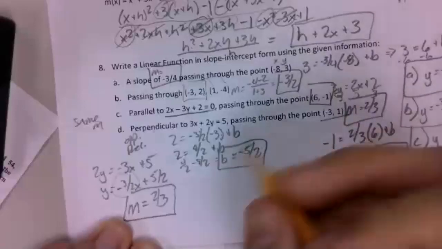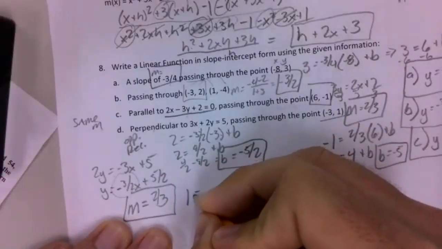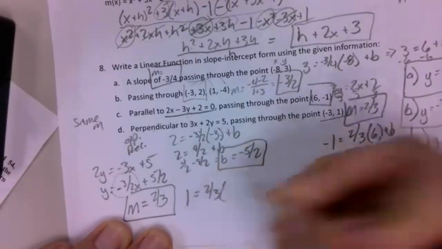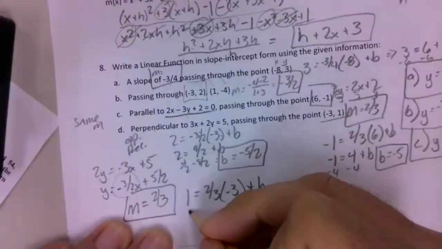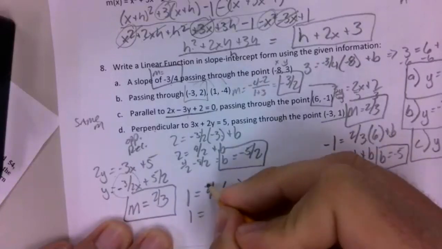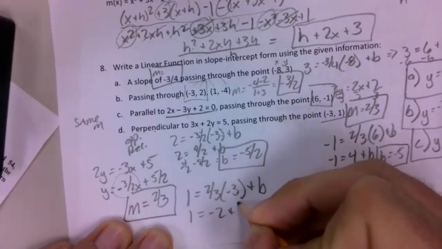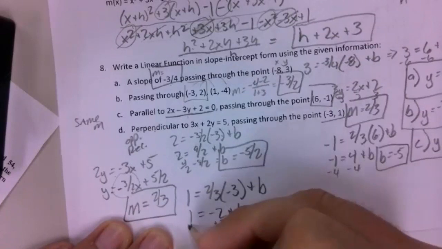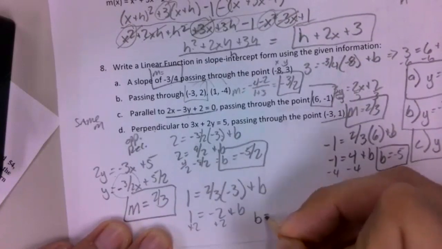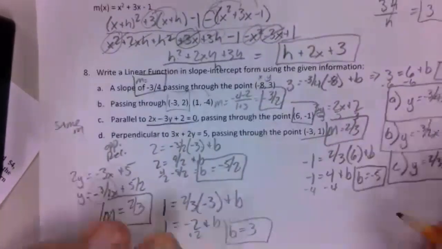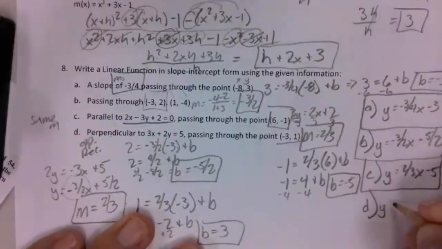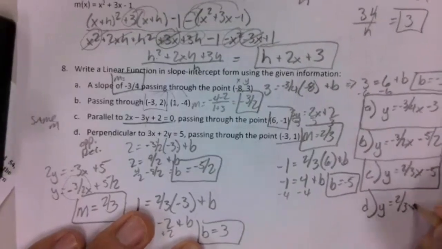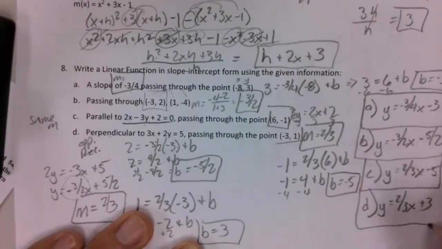And the point -3, 1. So y equals m x plus b. -3 times 2 is -6, divided by 3 is -2. So b equals 3. So your answer for D, put it all together, y equals 2/3 x plus 3.